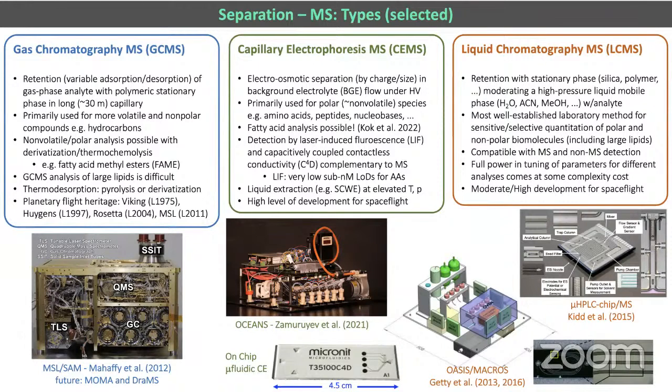The two major liquid protocols that I mentioned, CEMS and LCMS, are themselves quite complementary. They use different techniques for separating compounds. LCMS is kind of the laboratory standard bearer for analysis of the widest range of heavy and complex molecules. However, CE has been demonstrated to more or less match the analytical capabilities, and in some cases get quite a bit lower in limit of detection.